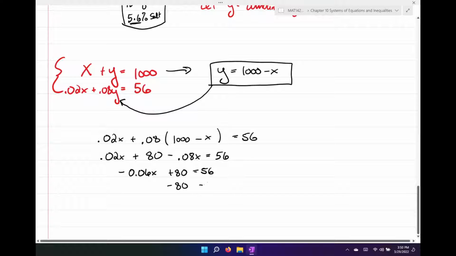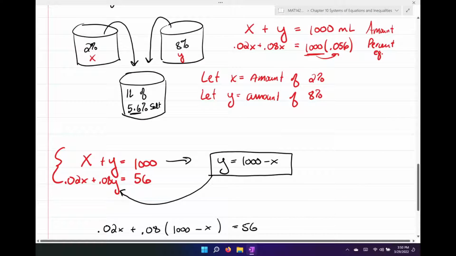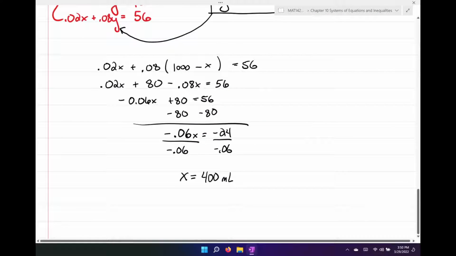I will subtract 80 from both sides, so that's going to give me negative 0.06X equals 56 minus 80, which is negative 24. And then finally, I will divide both sides by negative 0.06 to give me X equals 400 milliliters. And remember, we let X equal the amount of 2%. So 400 milliliters of 2% brine solution.